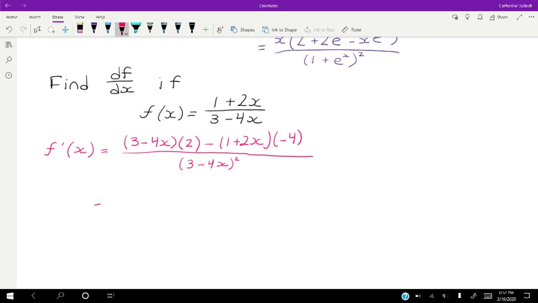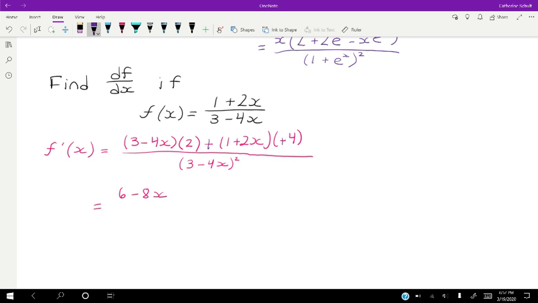Now I like you guys to clean it up. So let's distribute the 2, and then we can distribute, oh, let's be a little clever here so we don't get too confused. We have minus minus, right? We're going to distribute a negative sign. So that's really like distributing a positive 4.